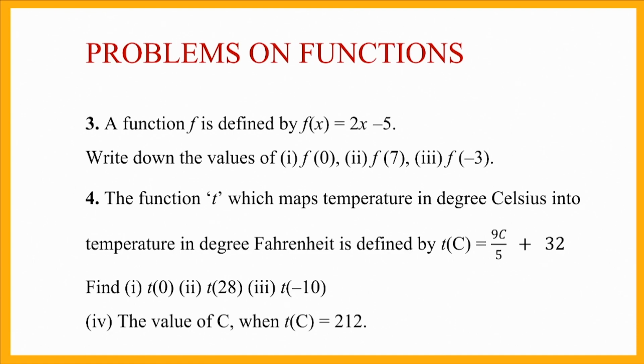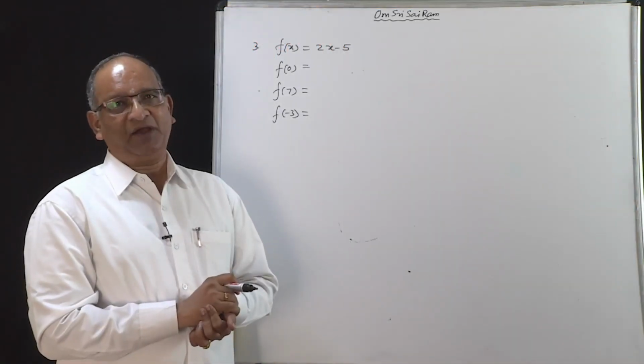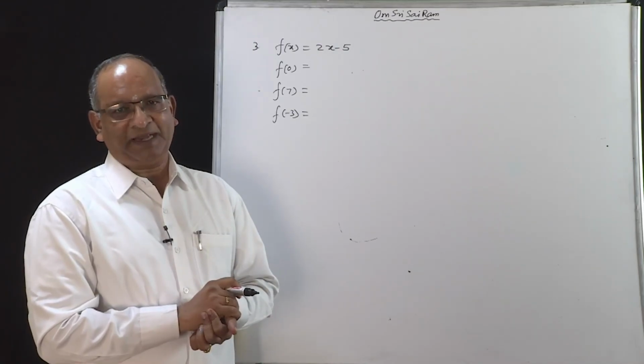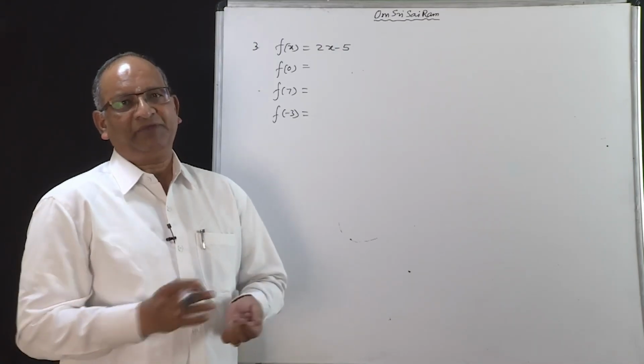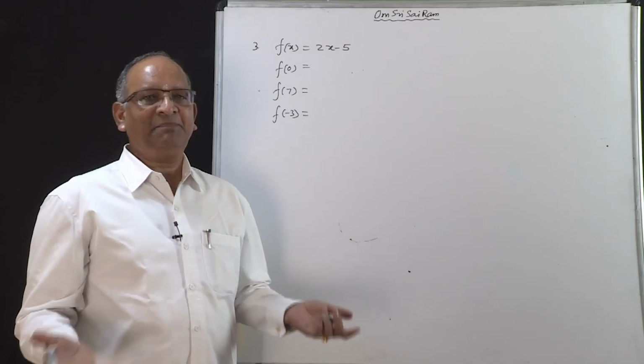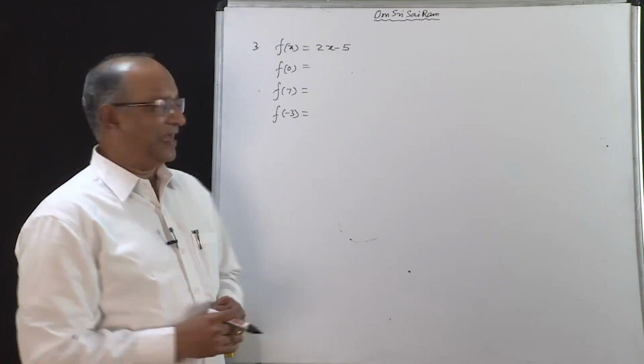And then he says find f(0), f(7) and f(-3). They are nothing but finding the value of a function at 0, at 7, at minus 3. How do you find value of a function? In place of x, substitute that value.